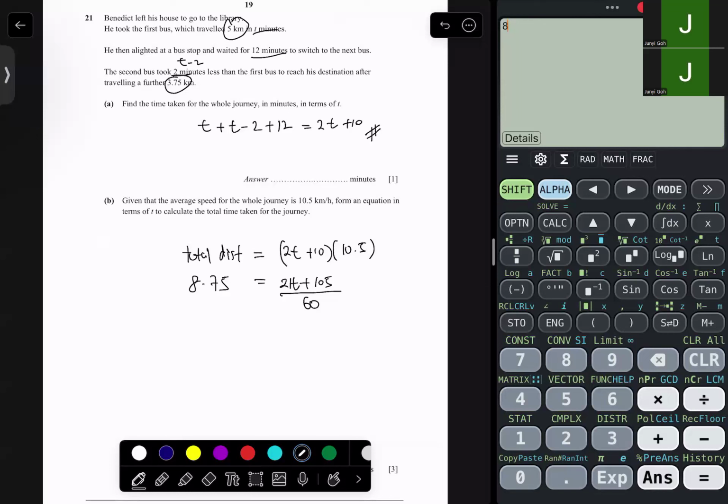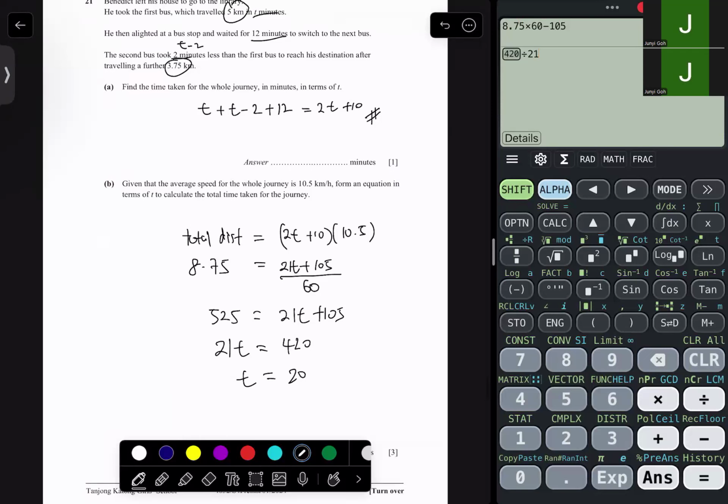So 8.75 times 60 is 525, which equals 21T plus 105. So 21T is 525 minus 105, 420. 21T equals 420, T equals 20. What do they ask? Total time of the journey: 20 plus 12 plus 20 minus 2, 50 minutes, right?